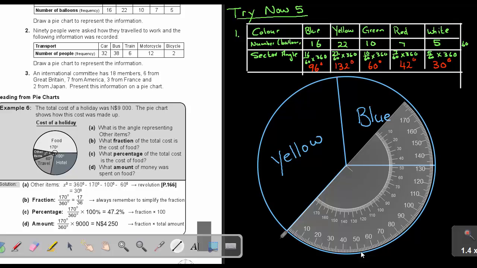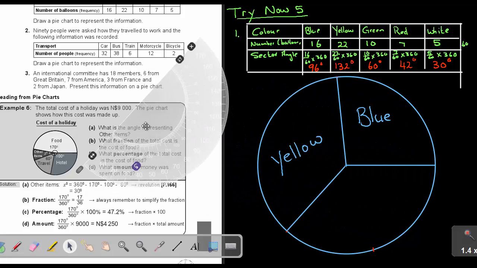So the scale that starts with 0, and then I go exactly 60. No, it's too far. Yes. Then I move it away again and take my ruler, and remember to label it. As soon as you are finished, label it green.